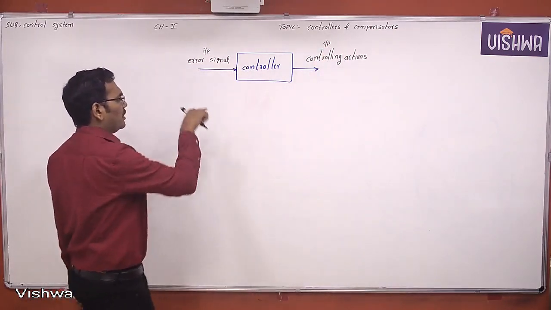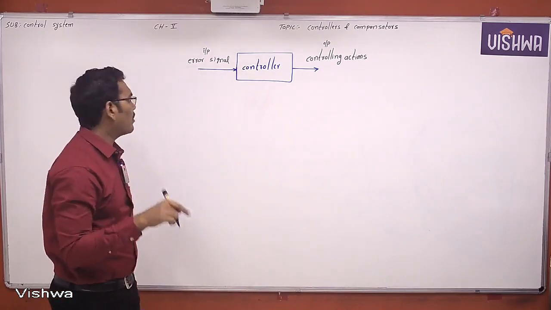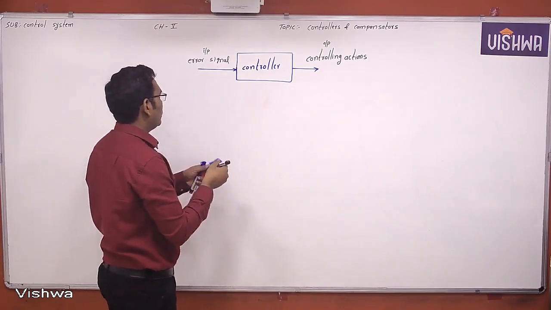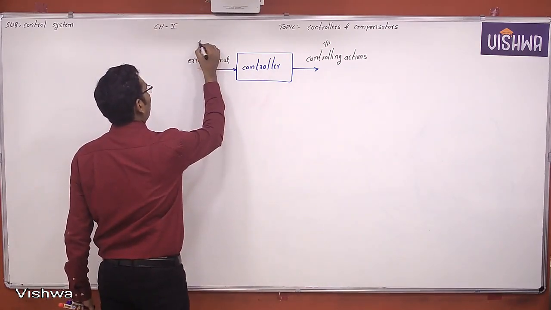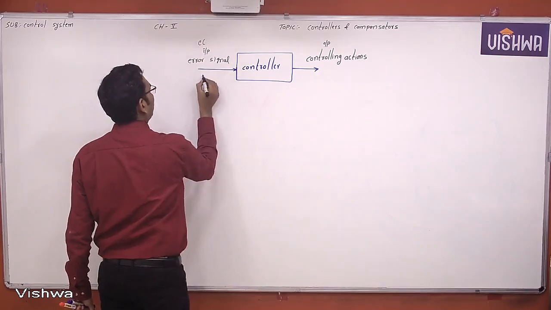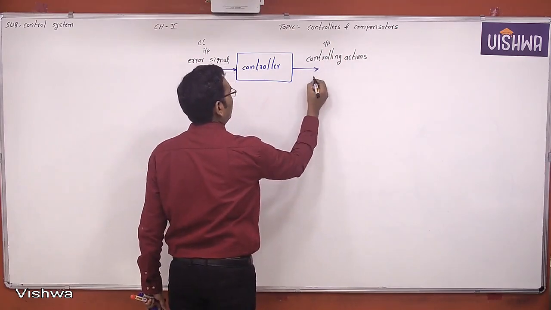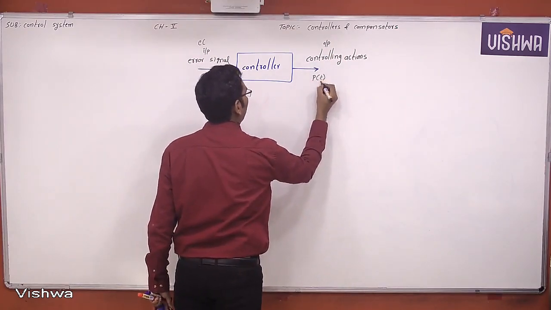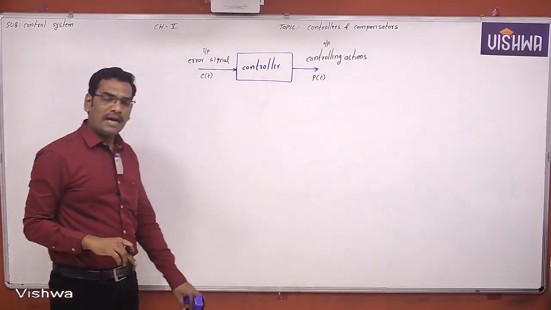Now this controller is in the forward path, right? Now see here, let us assume this is the input E of t, the controller input, and this is the controller output, nothing but the controlling actions, which I represent by P of t. And this is the controller which is in the forward path.